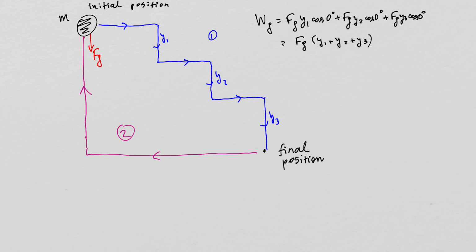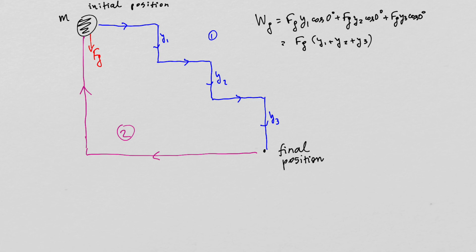Now let's calculate the work done by the gravitational force as the particle is moving from the final position to the initial position along path number 2. As the particle is moving along the horizontal portion of path number 2, the gravitational force does no work. The gravitational force does work only along the vertical part of the path.